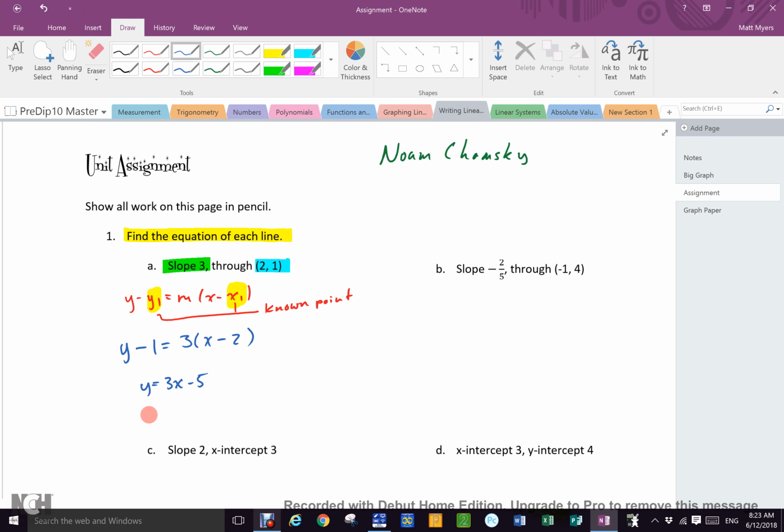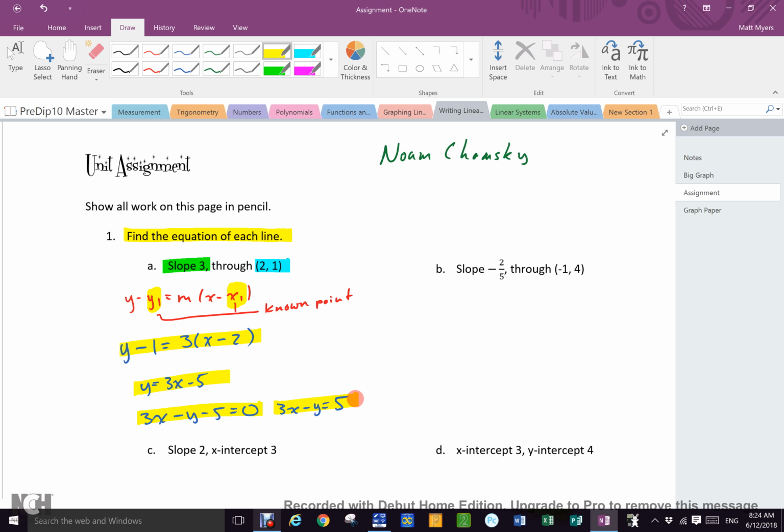And you could have 3x minus y equals 5. Wow. All of that is correct for 1 point. I do not care which one you use.